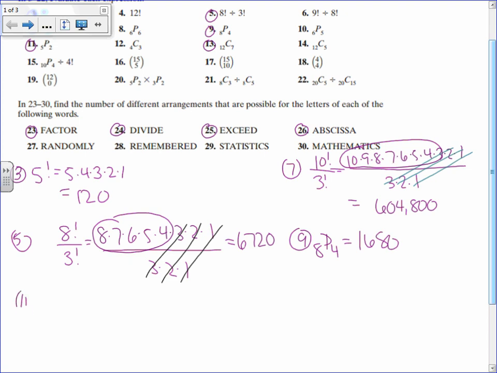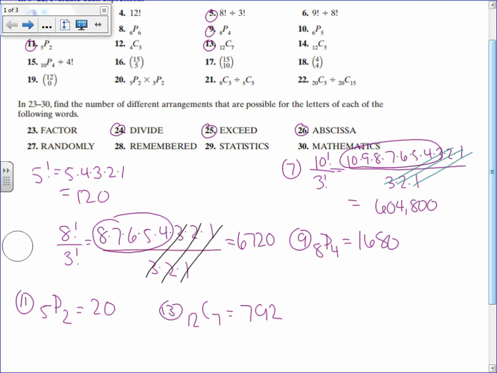Number 11 is 5P2, which in your calculator should give you 20. And for 13, that's 12 choose 7. So 12, go back in there, choice 3 is your choose, 7, and you should get 792. Okay, so easy, really just putting stuff into your calculator.